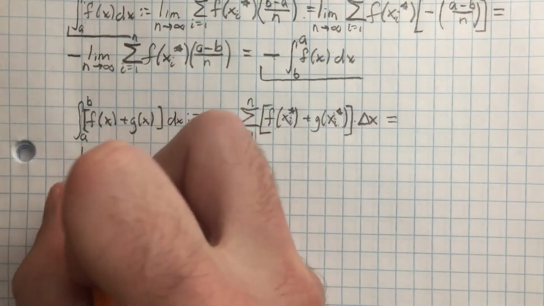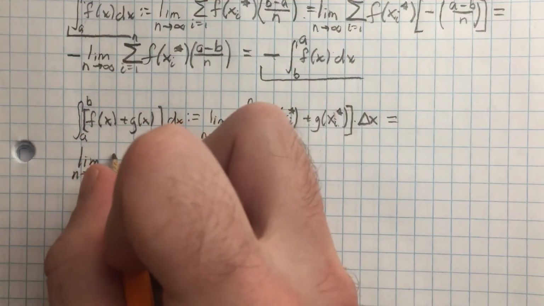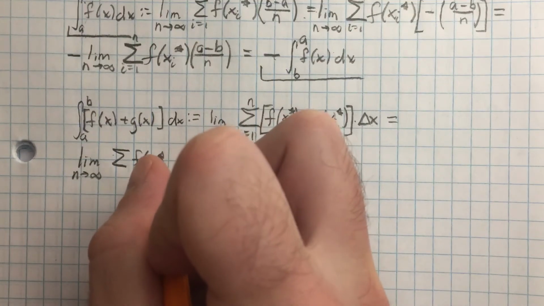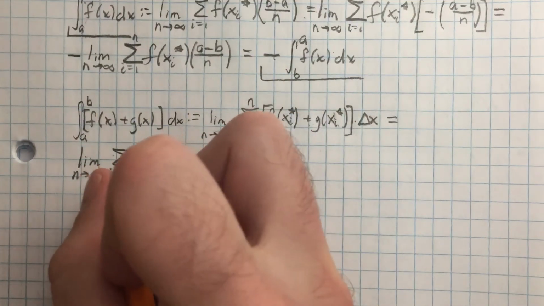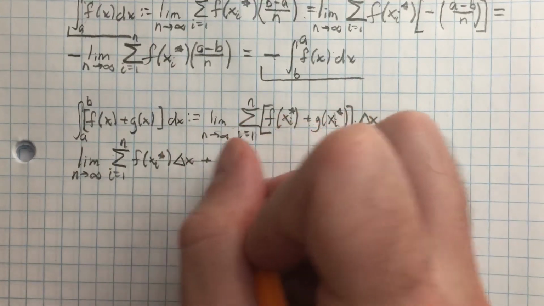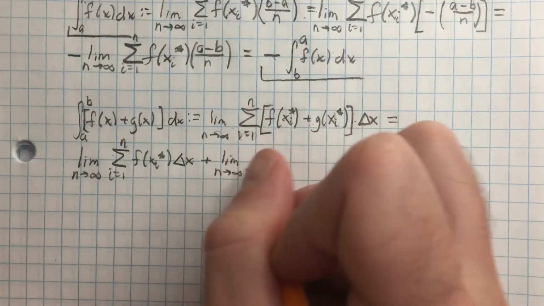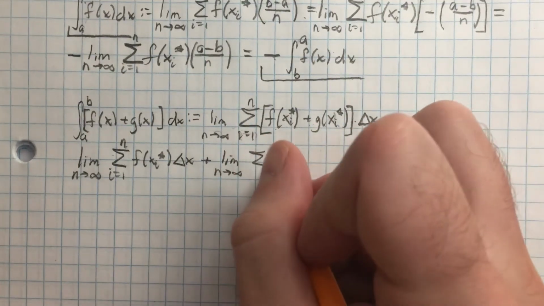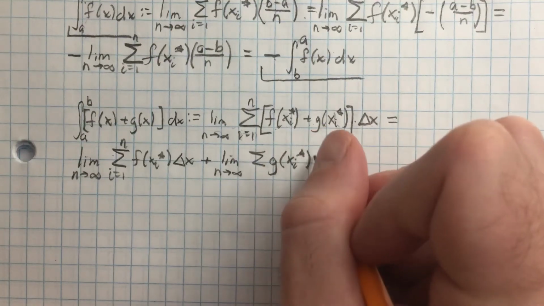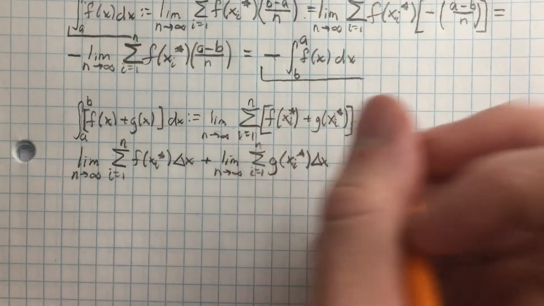So we should have the limit as n approaches infinity of the sum of f of xi star, that sampling point in there, times delta x, plus the limit as n goes to infinity of the sum of g of xi star times delta x, when it goes from 1 to n.